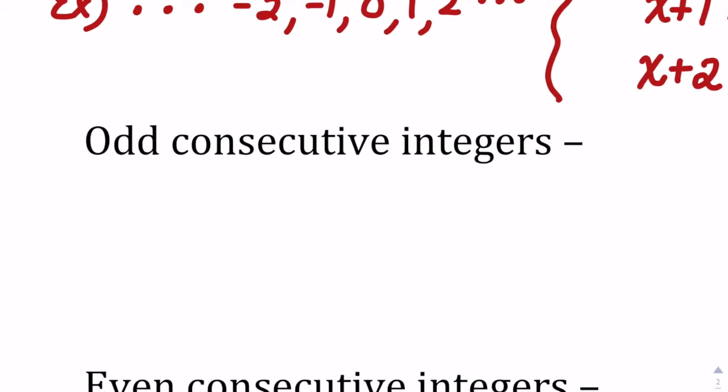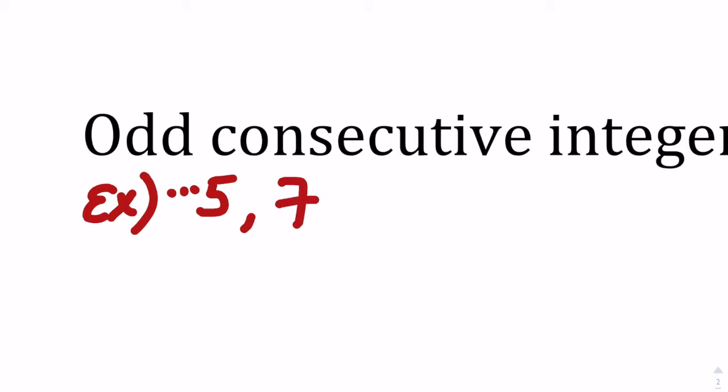Our consecutive integer will be something like, let's see, 5, 7, and let's say 9, and go on.